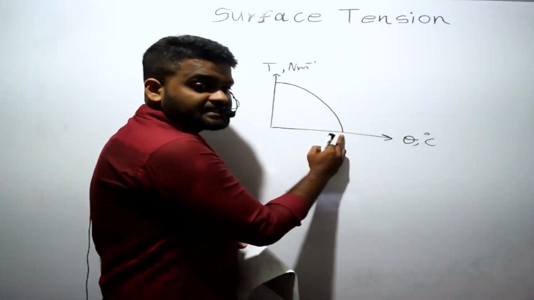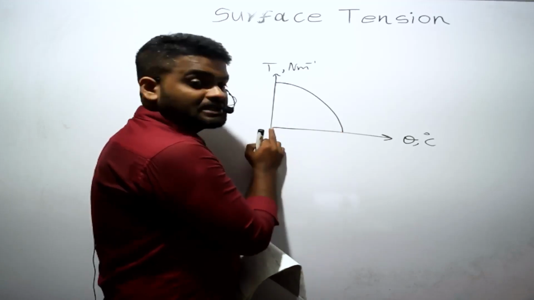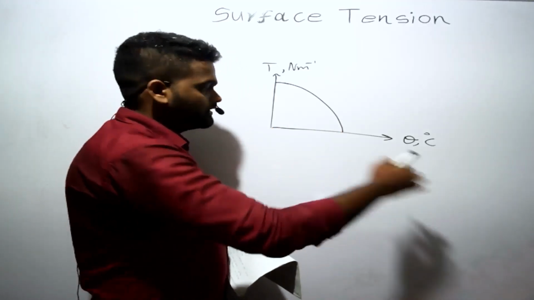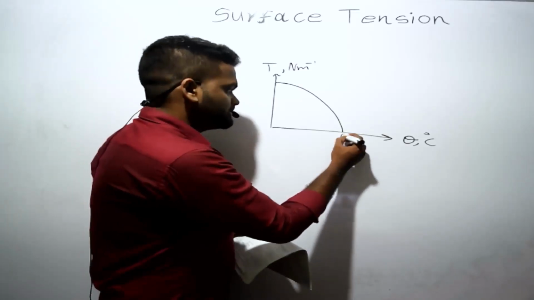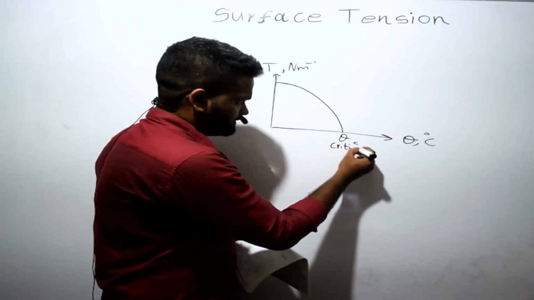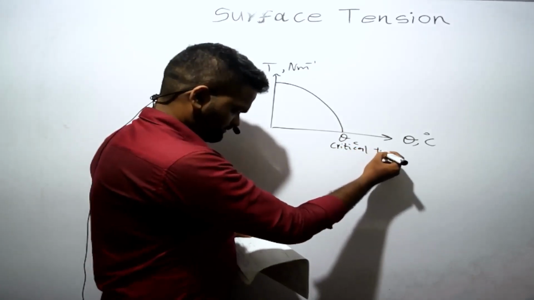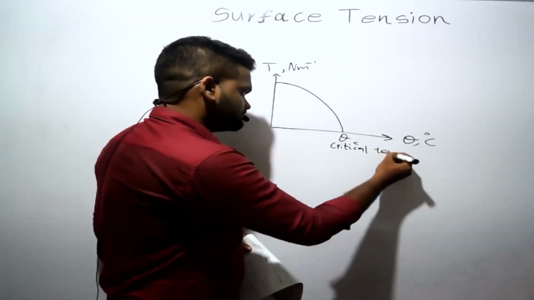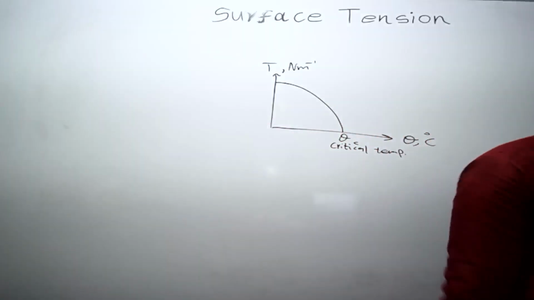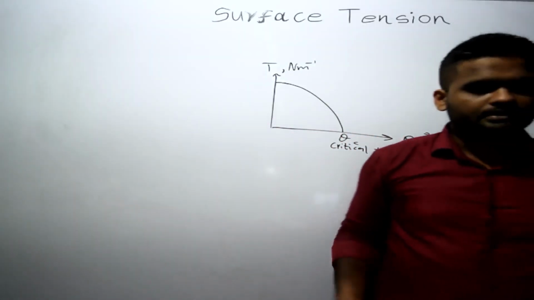And there's a special temperature where the surface tension becomes zero. Surface tension completely goes out. That temperature we call the critical temperature. Just take it down. This is stuff you just have to remember.